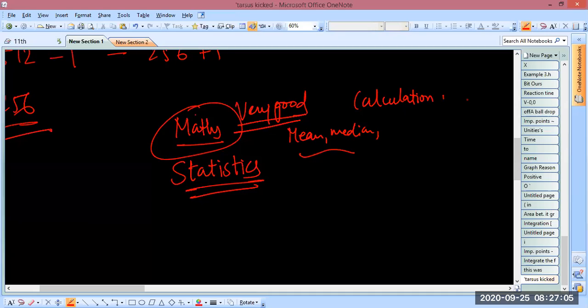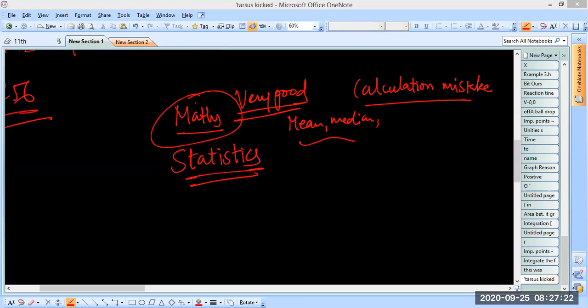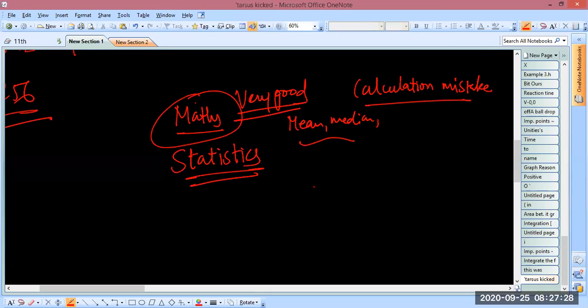I'm very, very prone to making calculation mistakes. Yes, I agree, it was an easy chapter. On the other hand, I excel at algebra, trigonometry, geometry, calculus.